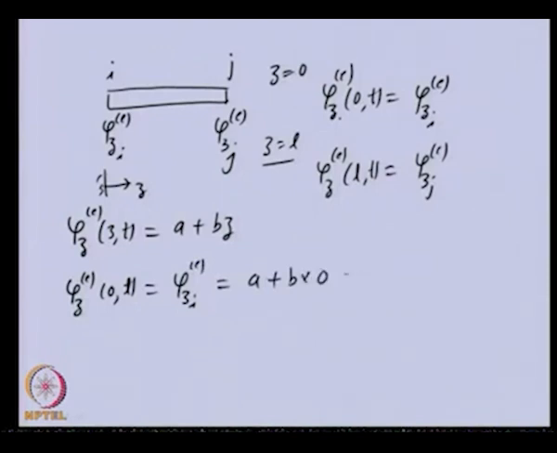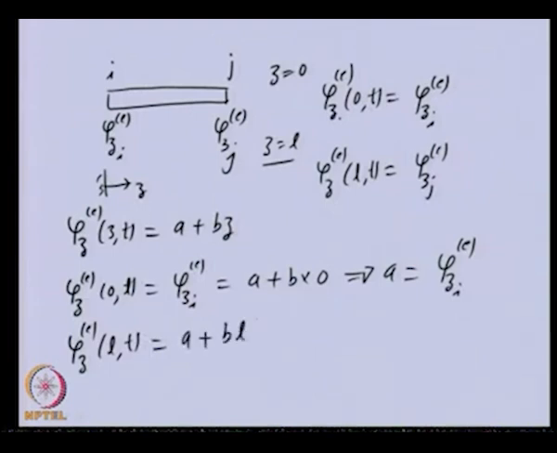So from here we can see A is phi z I, and from the second boundary condition we have A plus B L, and that is equal to phi z j.